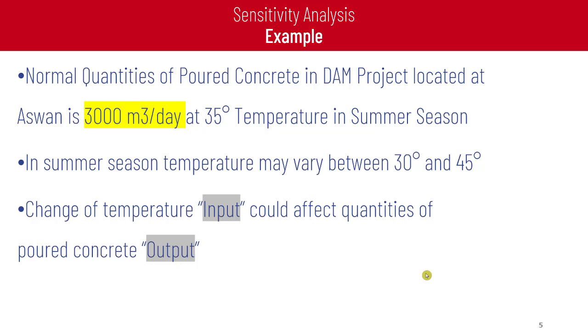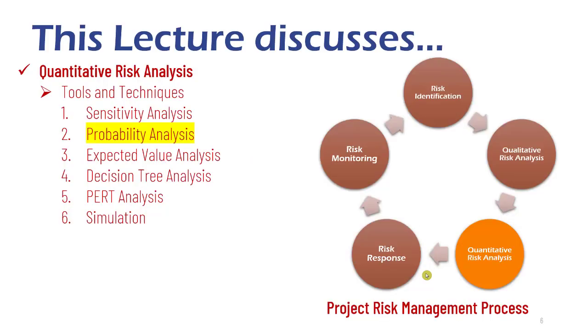The change in temperature, which is the input, could affect quantities of poured concrete, which is the output. So if we need to know exactly what happens when the temperature changes during the summer for this project, we need to link between the input and the output, and this could be done using the sensitivity analysis. This way we can measure the impact of the risk on the project objective.